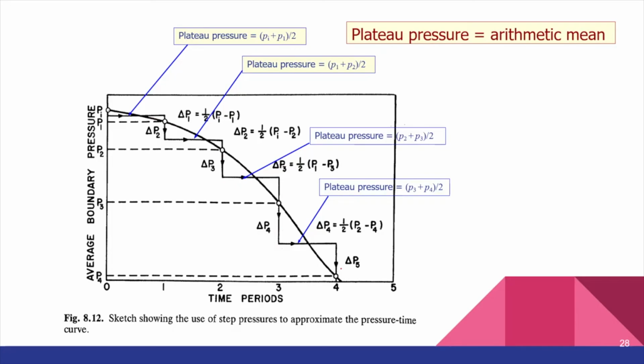So this is the plateau pressure. So it is the arithmetic mean. Arithmetic mean, for example, is just addition, summation of things. So for plateau pressure, this is Pi plus P1 over 2. And at the second step is P1 plus P2 over 2. So this first number will be the last number from the previous calculation. And then it will become P2 plus P3 over 2, P3 plus P4 over 2.